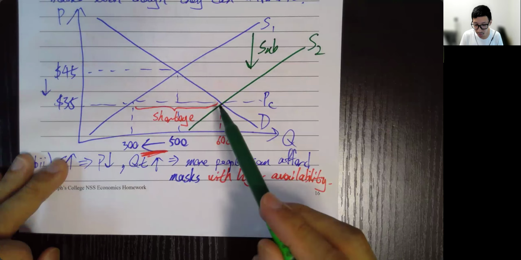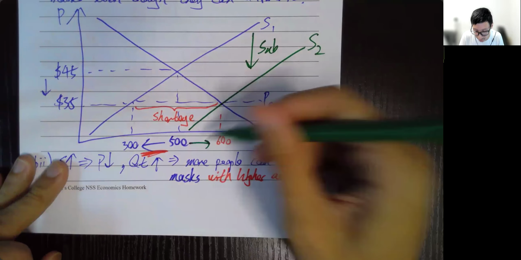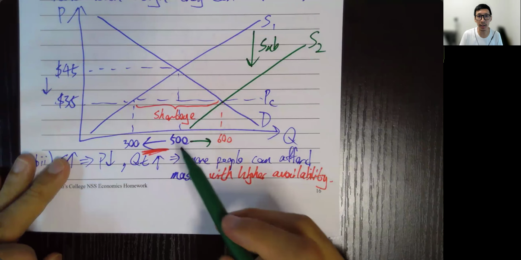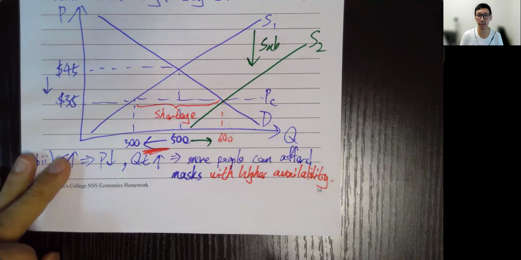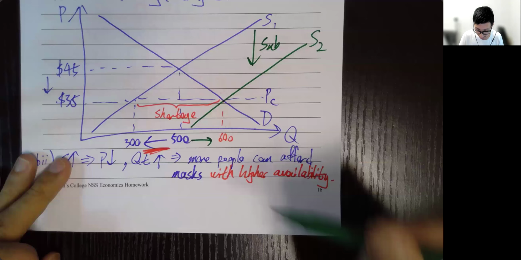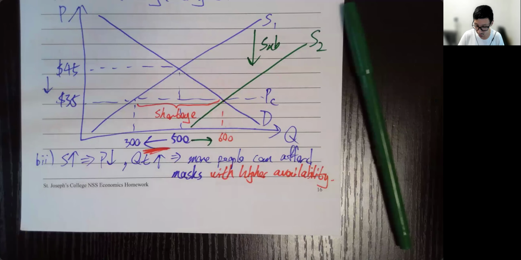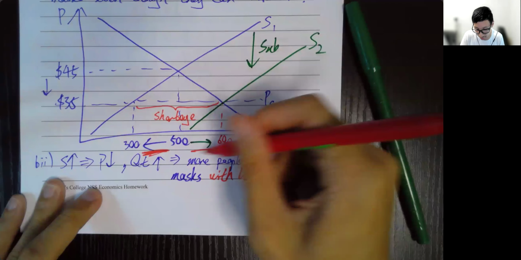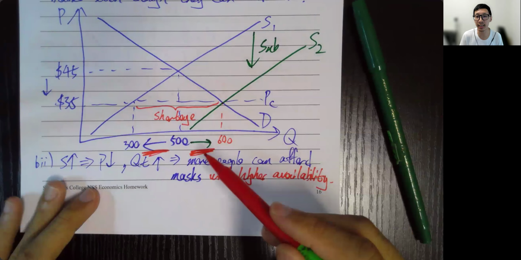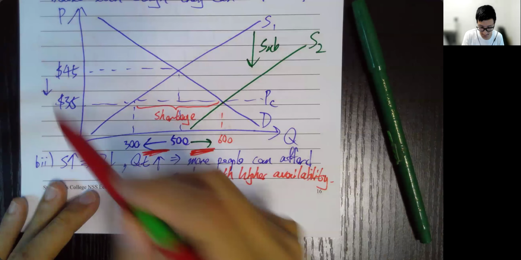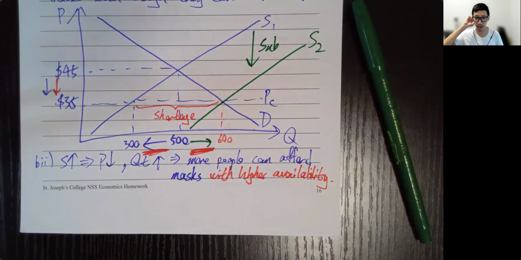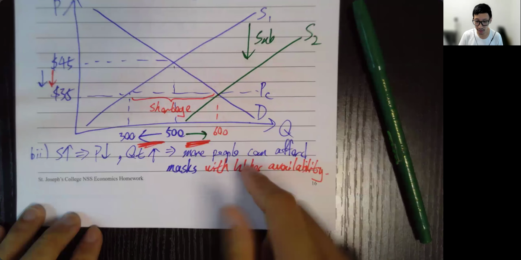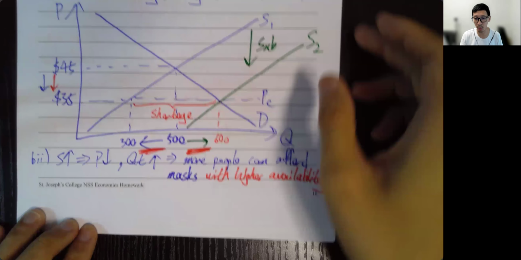Okay, resulting in the QT increasing from 500 to 600. So this is the main point of part B because of the increase in quantity and the drop in price. Right? So this is how we do this question.